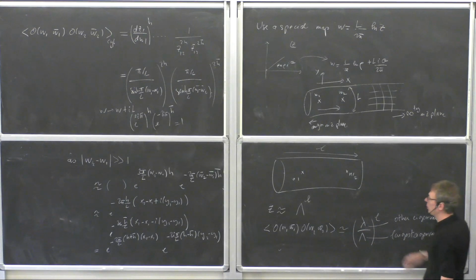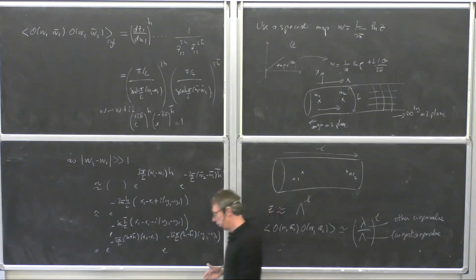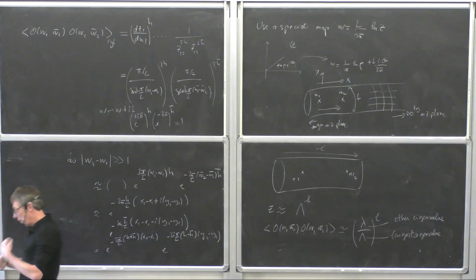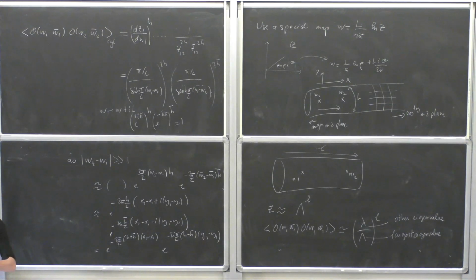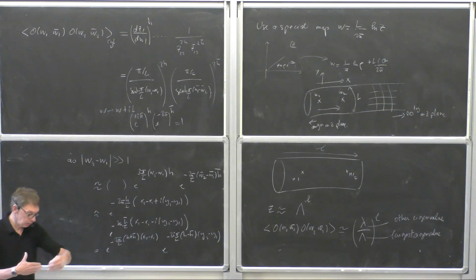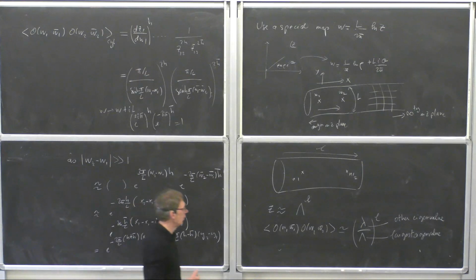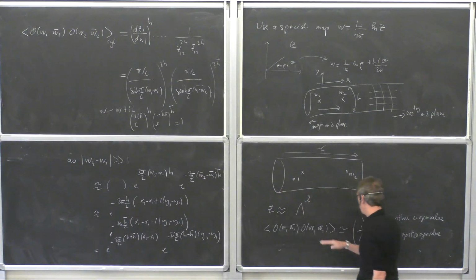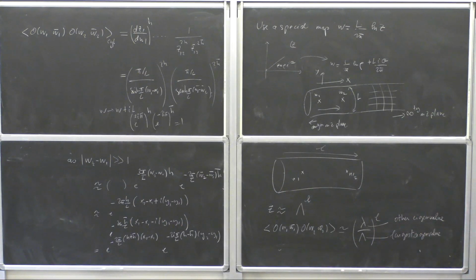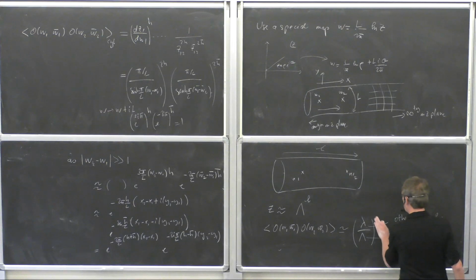This comes about because you can calculate all these correlation functions with the transfer matrix: at some point you insert the field O, then you propagate with the transfer matrix, then you insert the other field O, and so on. So this is the general structure of the correlation function as a function of W1 minus W2.